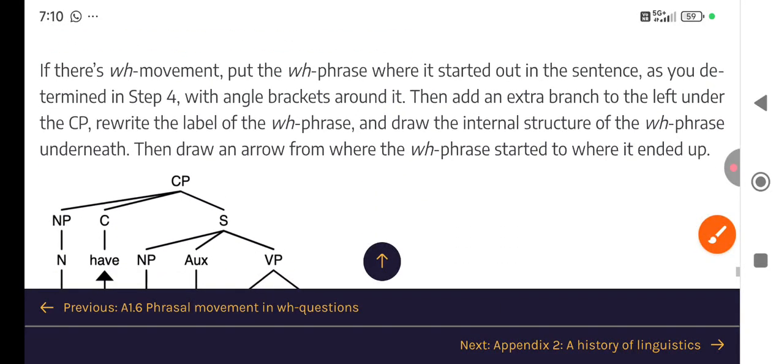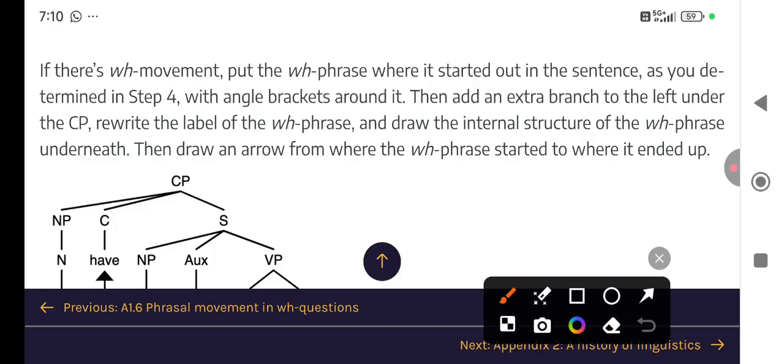Interesting. Now next is if there is WH movement, WH question. So what to do? Put the WH phrase where it started out in the sentence, as you determined in step 4, with angle brackets around it, the same, right?